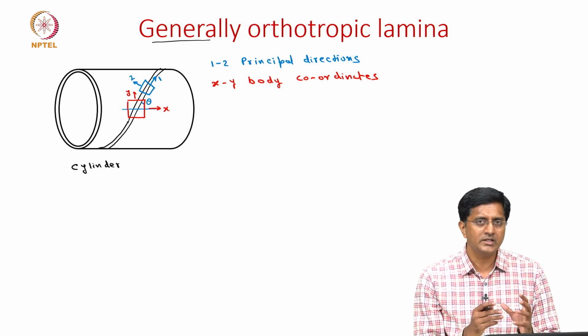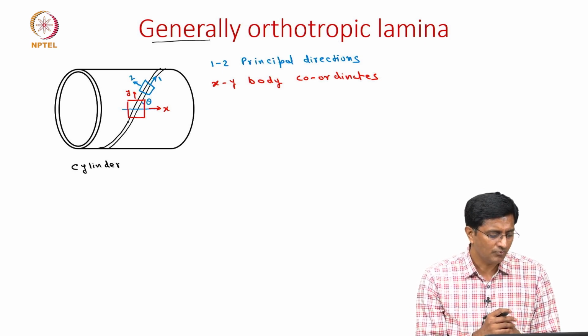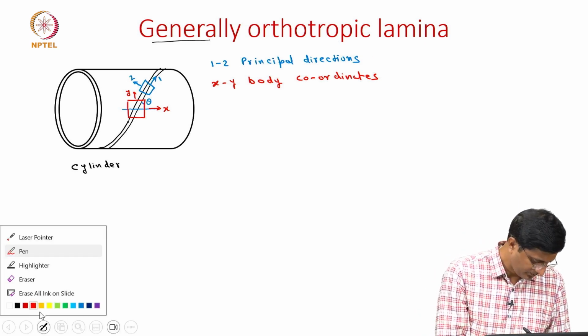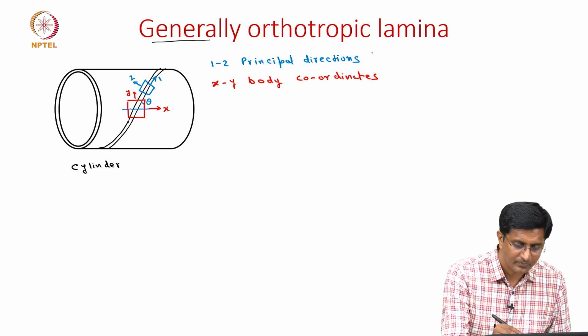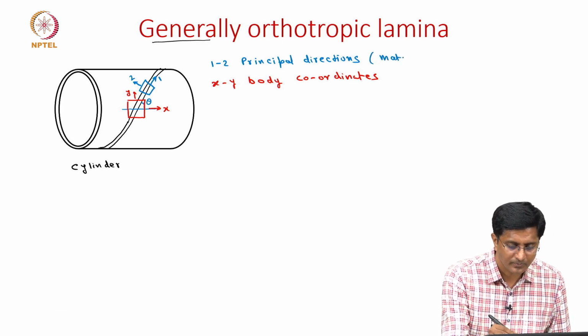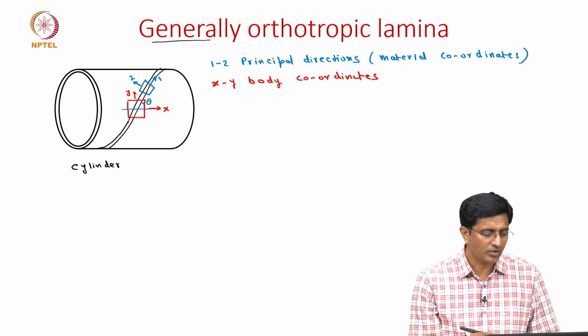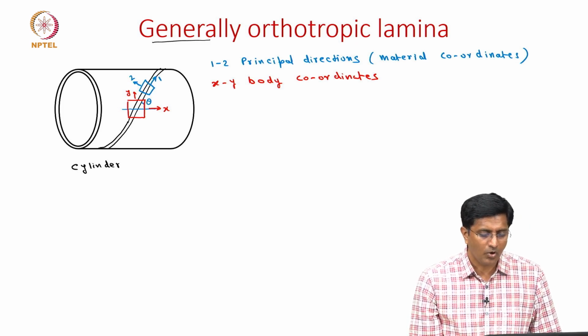Now you can see that there are two different coordinate systems, one referring to the principal directions or the material coordinates, and x y which we are now calling the body coordinates.